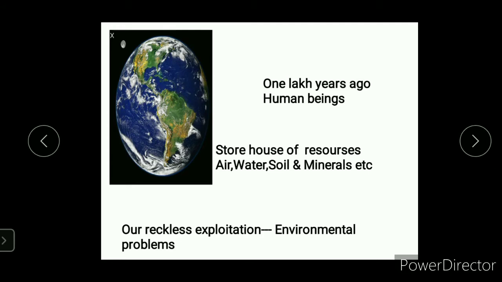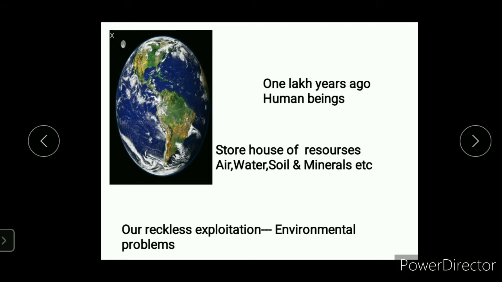We have destroyed the forests, which resulted in some problems on the Earth. When industries started, pollution also increased. Like this, many of our activities on the Earth have given much trouble to the Earth. Today, many are calling it an environmental crisis.